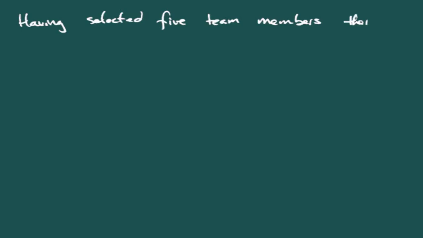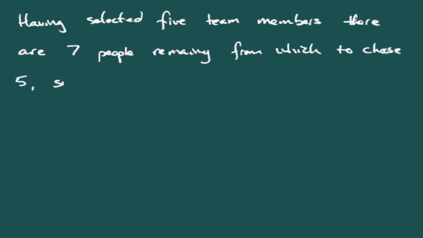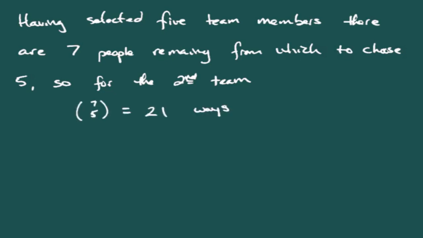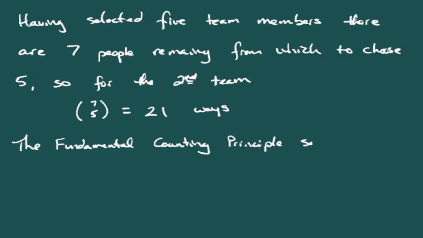Now, having selected those first 5 team members, that's going to leave us with 7 people left over for the second team. How many ways can we choose another 5 people from the 7 people left over? Well, 7 choose 5 gives us 21 different ways of choosing that second team. Now, choosing the first team, then choosing the second team is like performing 2 different experiments, one followed by another.